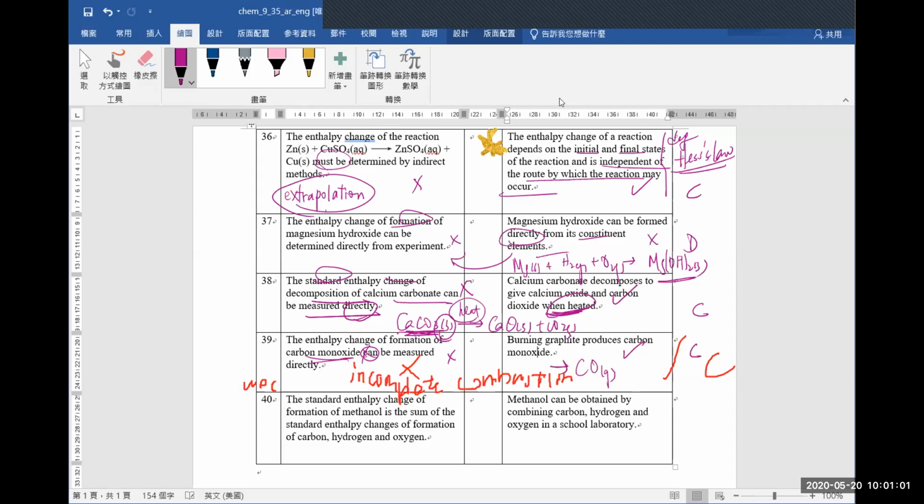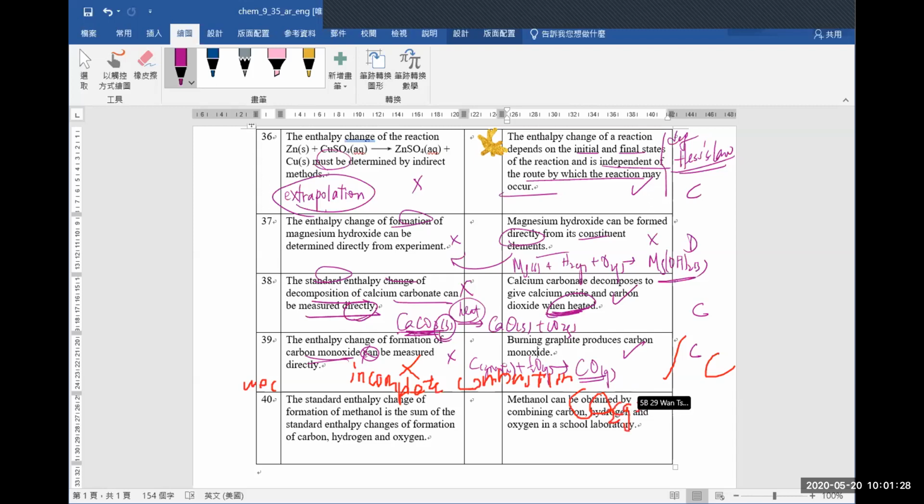Theoretically, if you carefully control the carbon and oxygen, can you get 1 mole of CO for sure? The answer is no. So what would be the possible products to be formed? Yes, we have got CO2 as well.